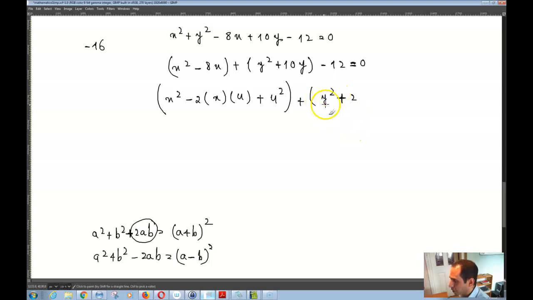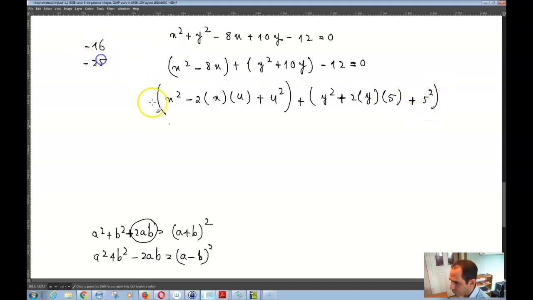So y squared plus 2 times y, for example, times 5. And so since now 5 is your b, you have to write a b squared over here as well to have a perfect square. So your b squared would be 5 squared. And now since I have added this 5 squared, I have to subtract it as well.